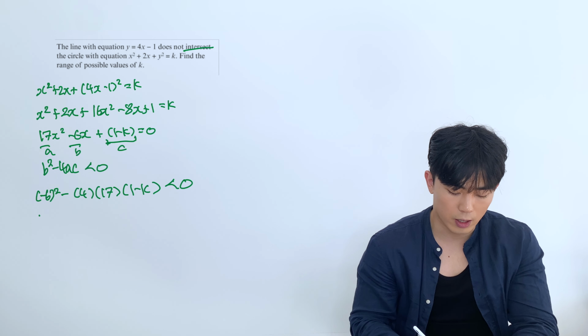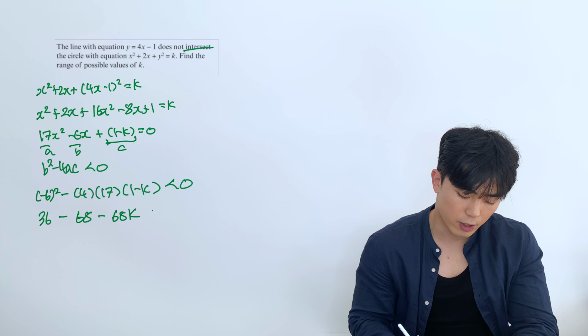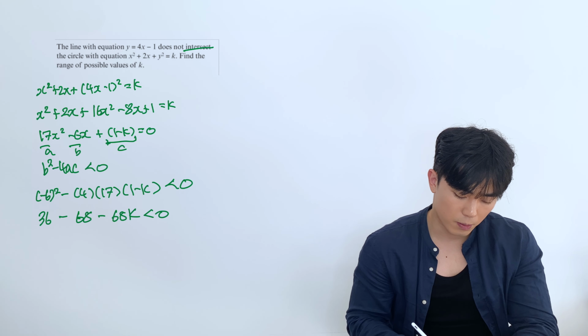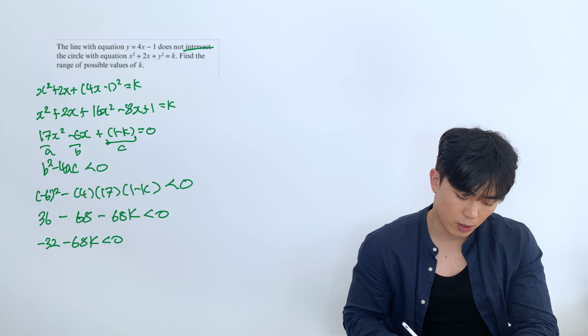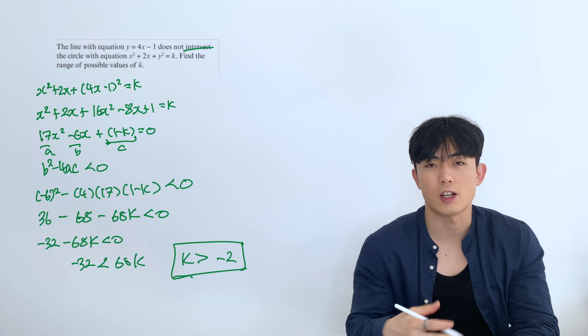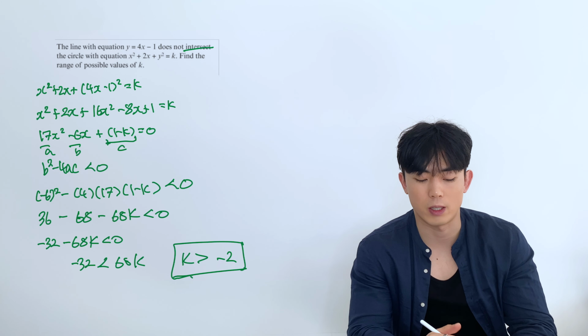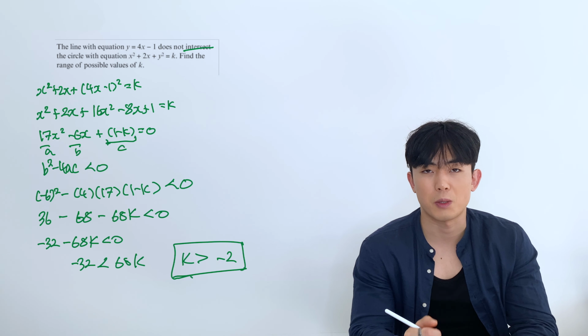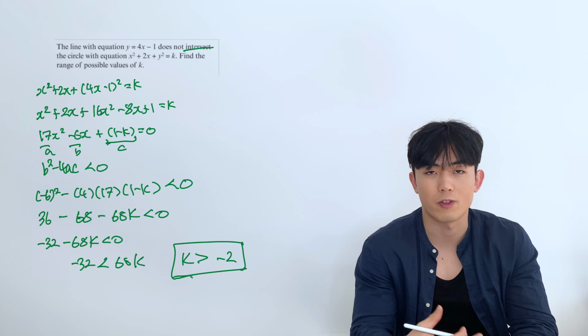So we have 36 minus 68 plus 68k is less than 0, which gives minus 32 plus 68k is less than 0. So 68k is less than 32, and k is going to be less than 8 over 17. So whenever k is in that range, there will be no intersection points between the line and the circle. As you can see, we use the discriminant just to show, by the fact there's no roots, what the range of k would be.